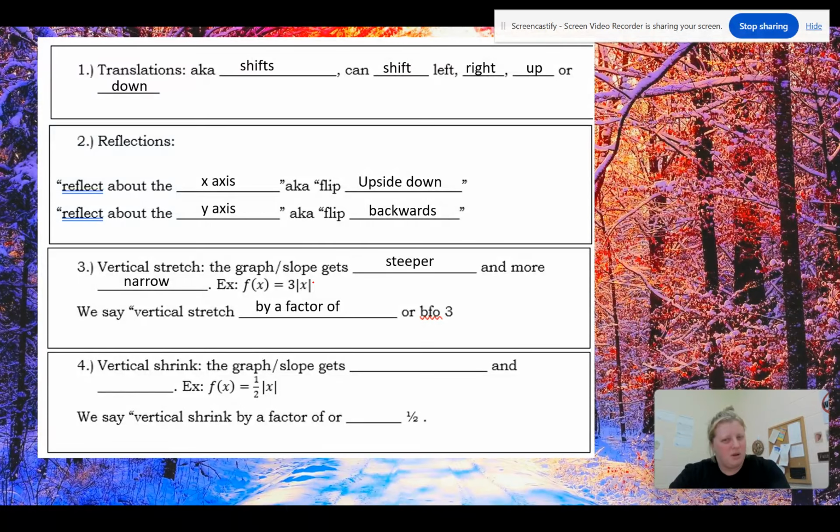Now that gets really annoying to write over and over, so we do come up with abbreviations. So if you would like to use BFO instead of by a factor of, that's fine. But you do really have to have all of this to cover it. Like you can't say stretch, you say vertical stretch. And you can't say just vertical stretch. You have to say by a factor of 3.